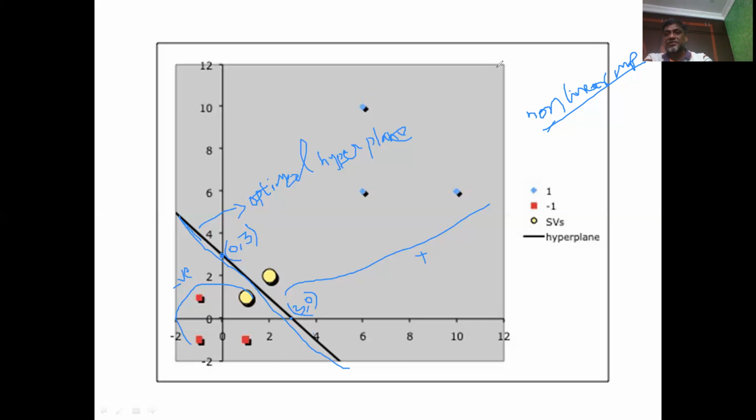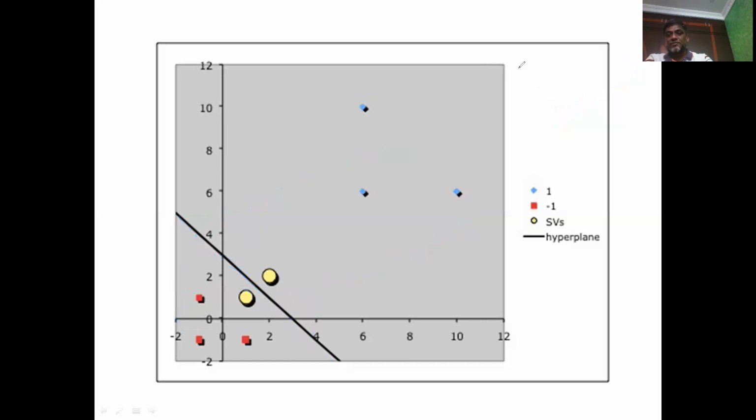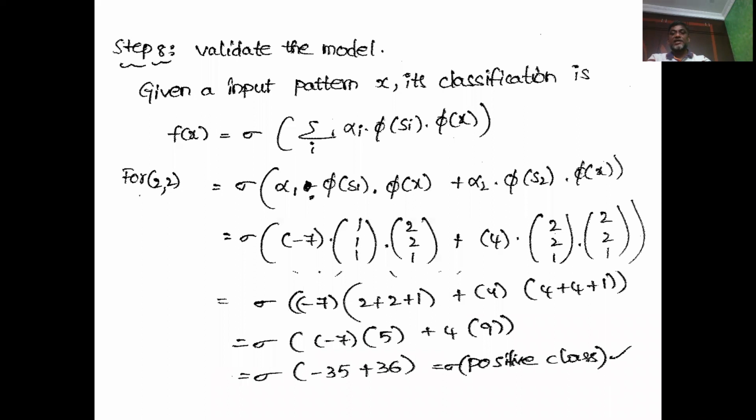This is a task given to you: please write down the steps for non-linear SVM on your own by looking at the linear SVM algorithm and adding one more step of performing non-linear mapping from input space to feature space. That is all about the design of non-linear SVM.